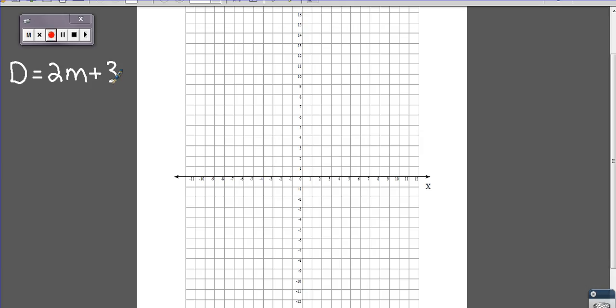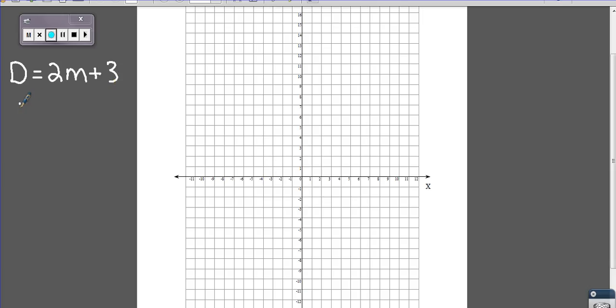Because however far you go, just sitting down in the taxi costs you $3. After that, you're going to be charged $2 for every mile that you go. We could graph that out, but first we would have to turn that into a chart.